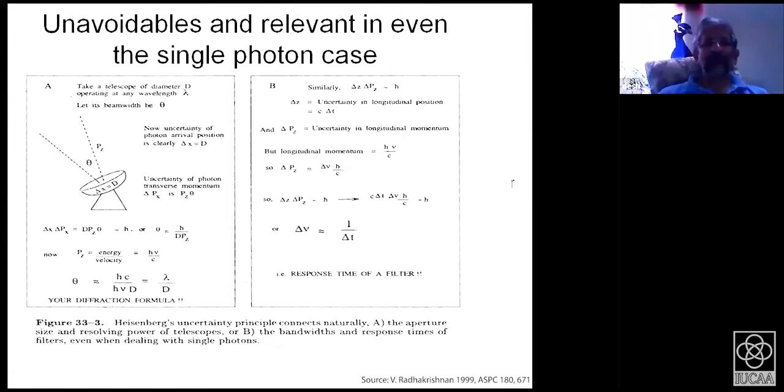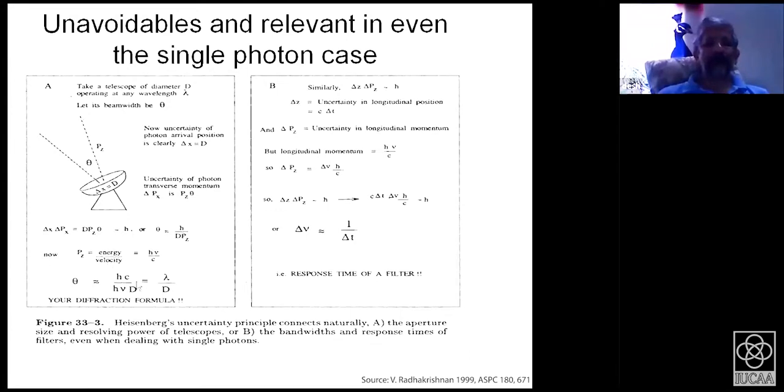And you can actually go through this example in only a few steps that you can do for yourself. One assumption here is the wavelength is fixed or the frequency is fixed, and the uncertainty is allowed only in the angle. So you will find that you can compute the component of momentum in the x direction and ask what the uncertainty in that would be, and relate that uncertainty only in the angle.